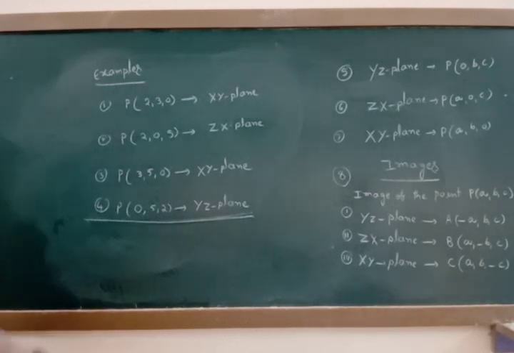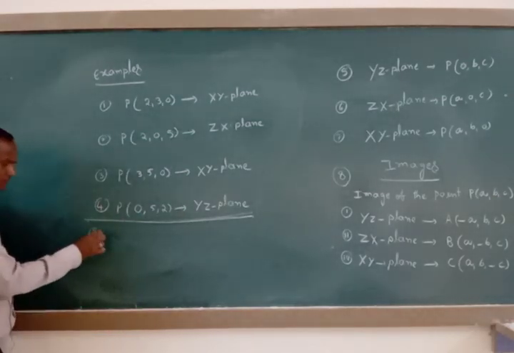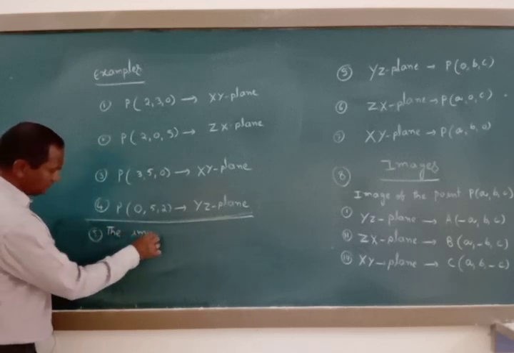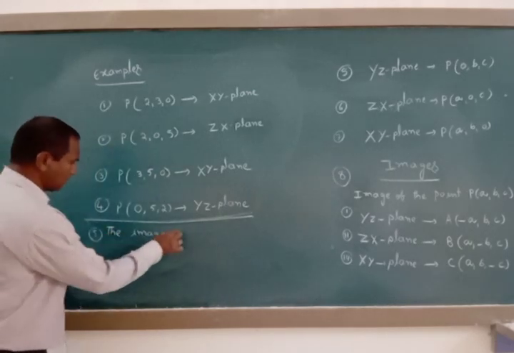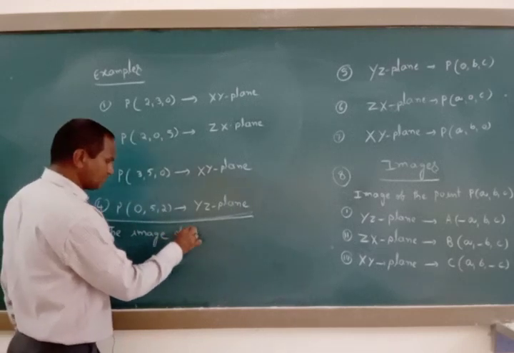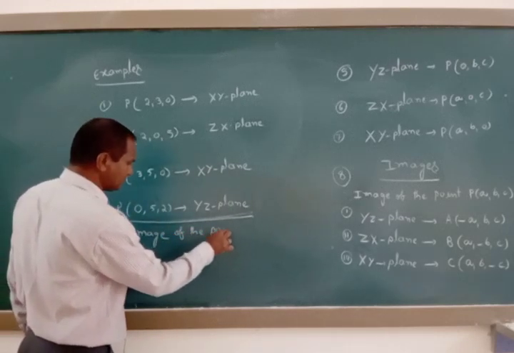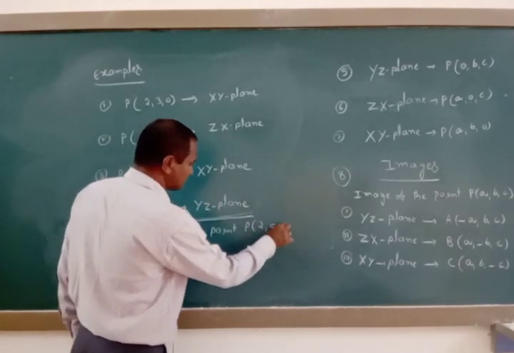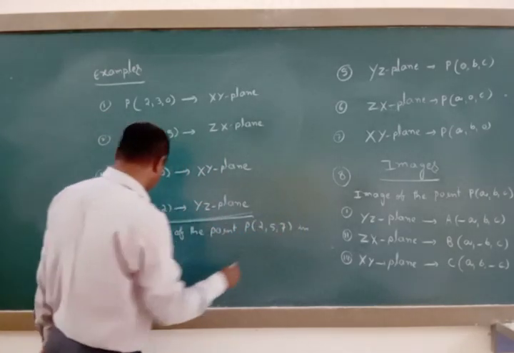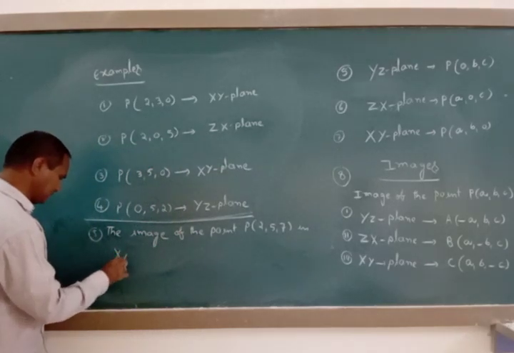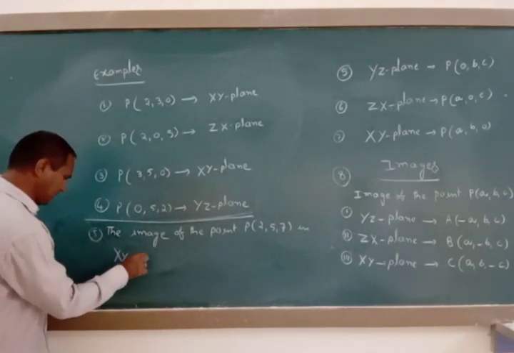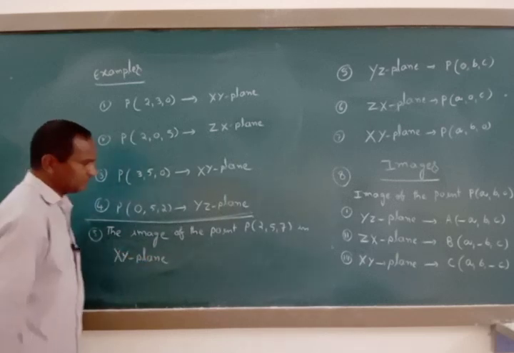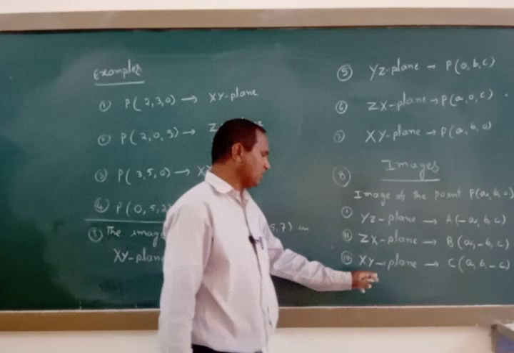Next, images. The image of the point P(2, 5, 7) in the XY plane. In the XY plane, what is the formula?